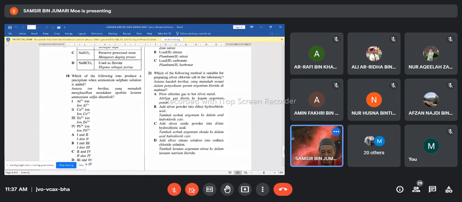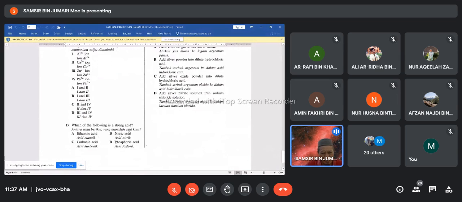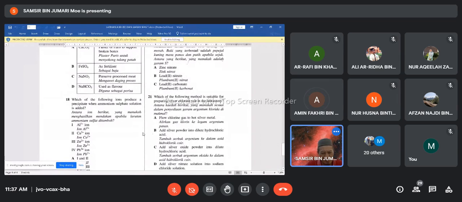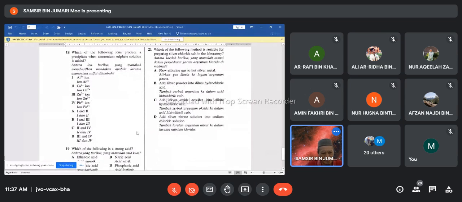What is the answer? C, calcium ion and lead 2 ion.